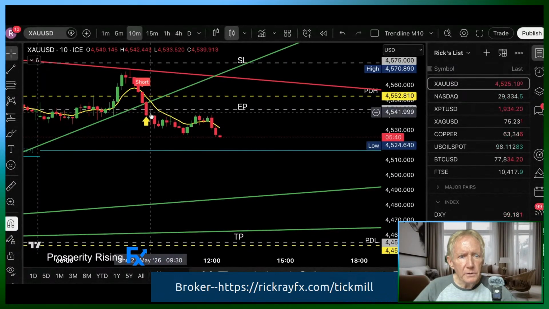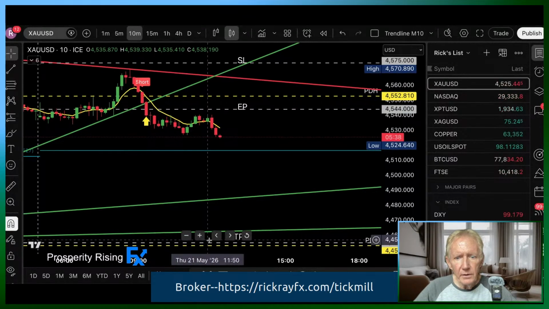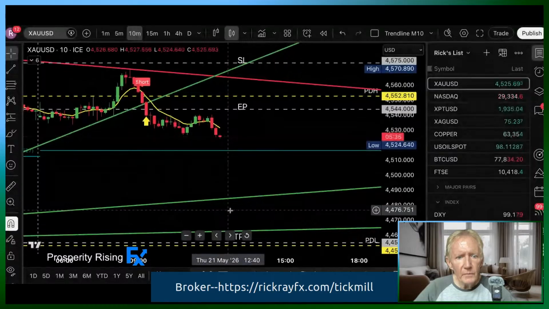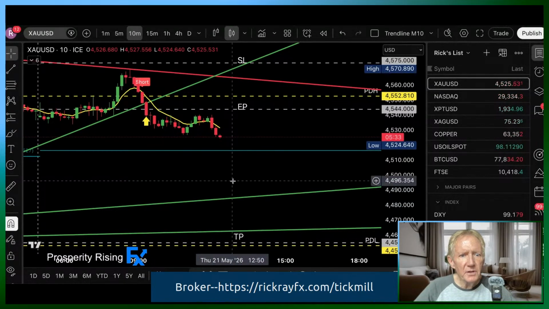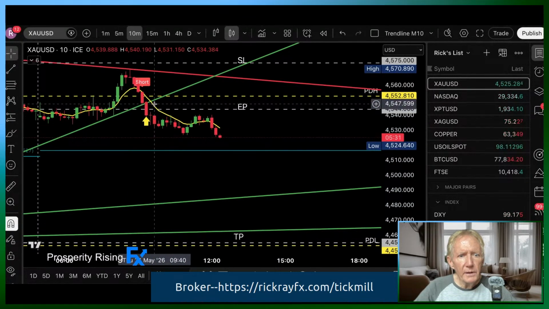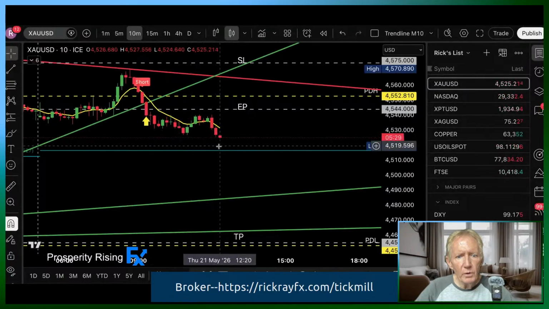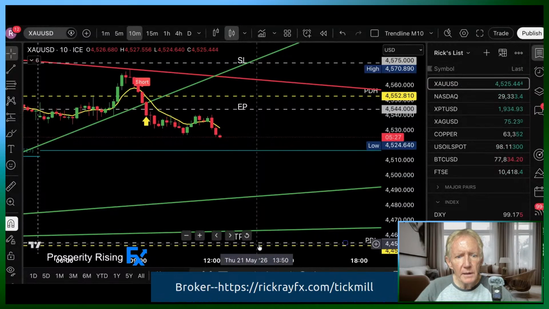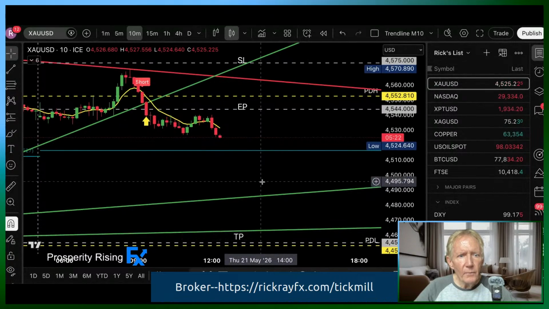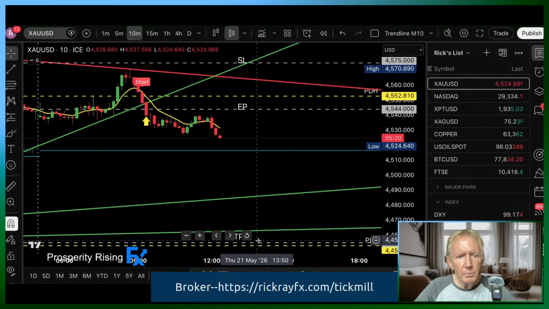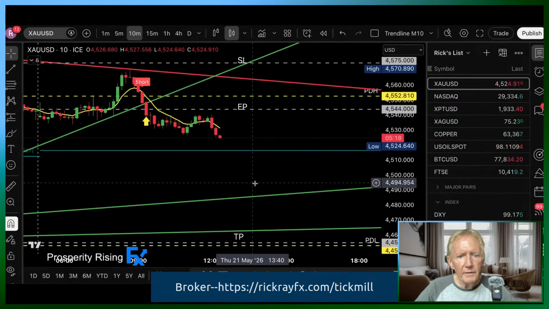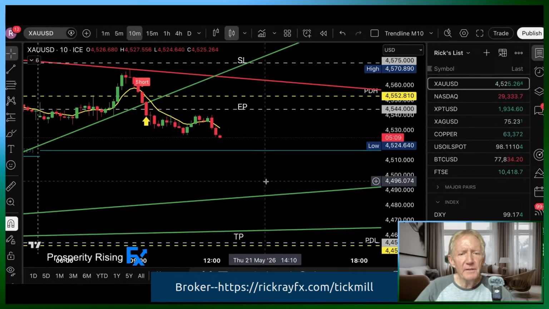The take profit I've put down here at the previous day low, because what I'm expecting is that now the market is being pushed down, we will likely take out the low from yesterday. At least get down to there. Let's see if I can squeeze all of that out. It's not going to happen in the Tokyo lunch run or the London session, but it might very well happen in the New York session.